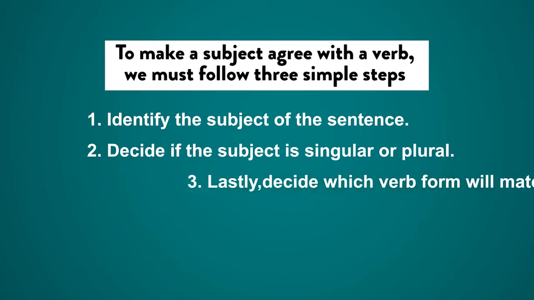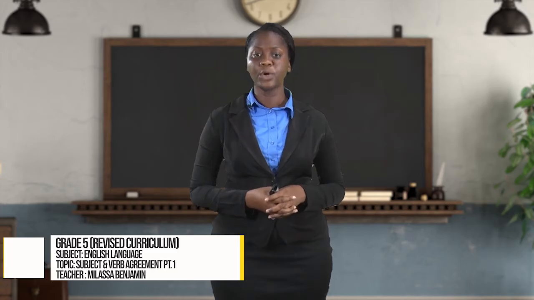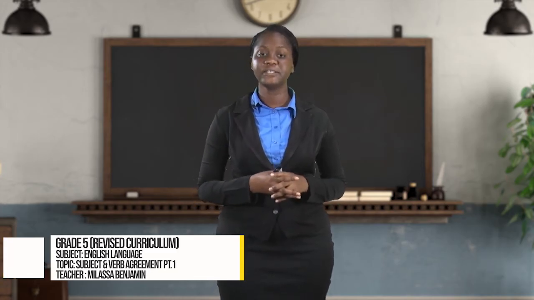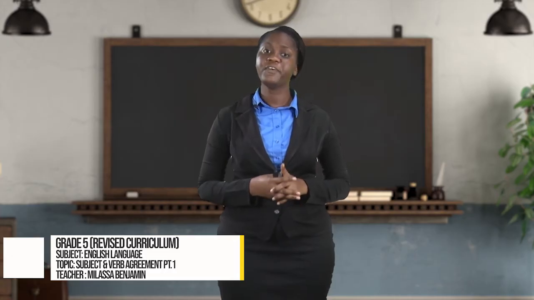And lastly, we must decide which verb form will match that subject, whether it is singular or plural. So let's look at the rules related to subject and verb agreement. There are quite a few, but for the purposes of today's lesson, we will look at the first 5.